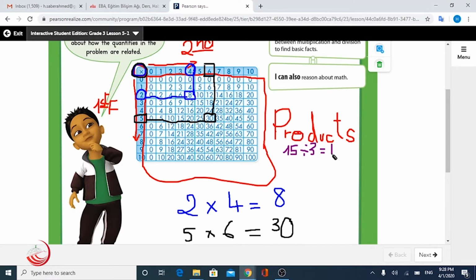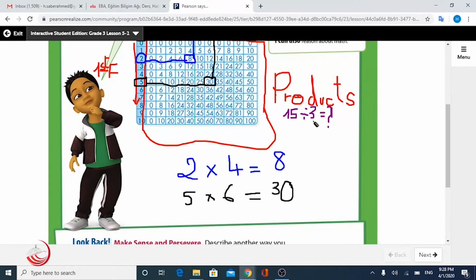We agreed that there is a way I think with and a way I write with. Now I have this division. I will think about this division as multiplication. As we said before, in a division, I know only one factor of a multiplication, which means that this 3 will go in the multiplication here.